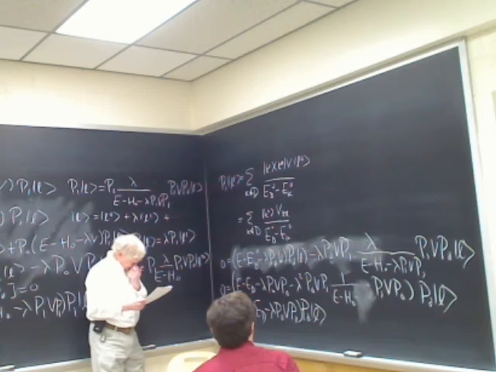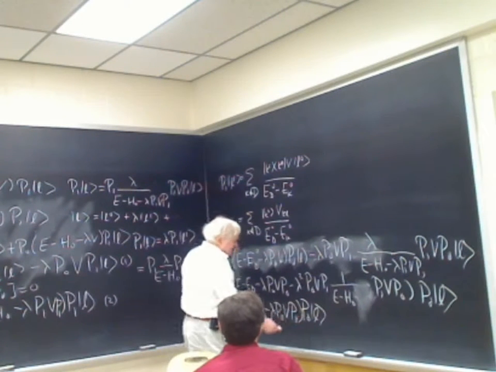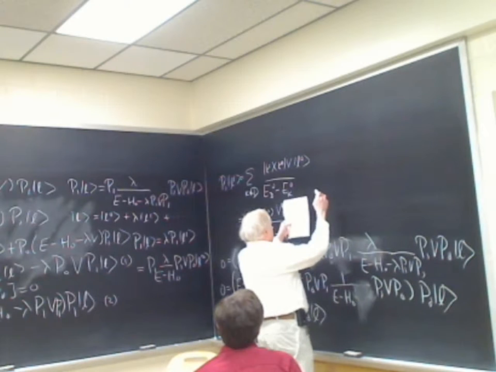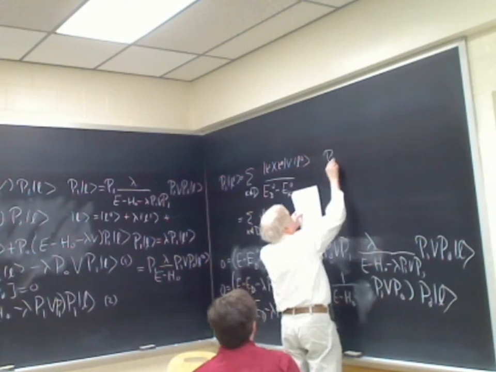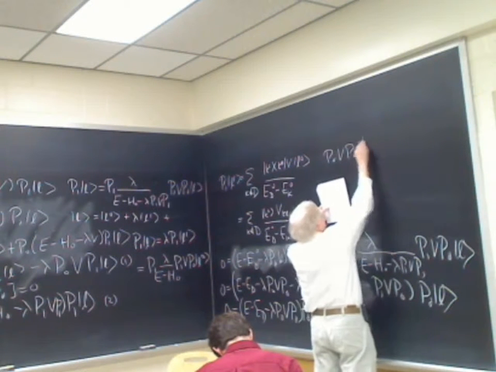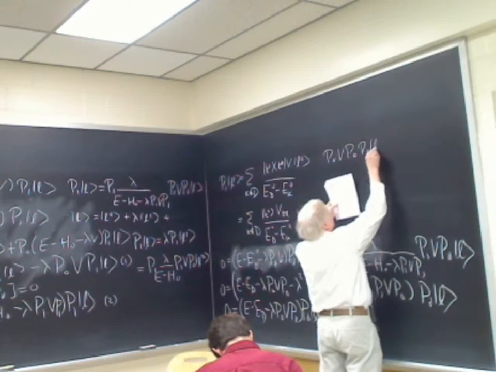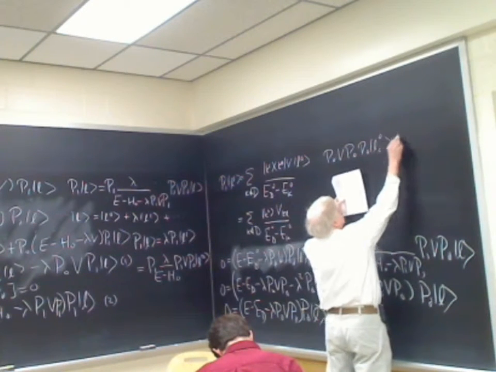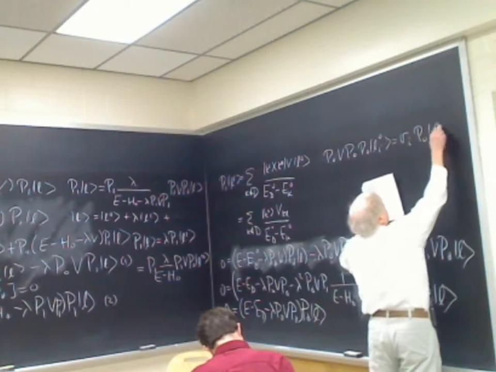And let's suppose that the eigenvectors of this equation are P0 V P0 on Li0 is VI P0 Li0.